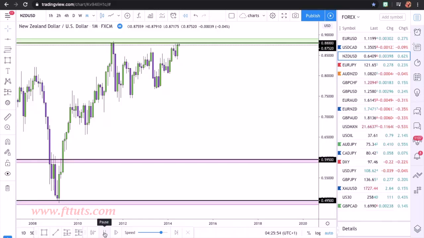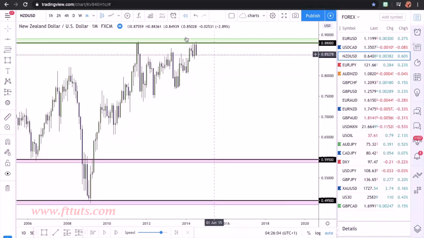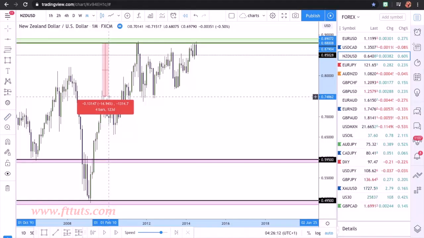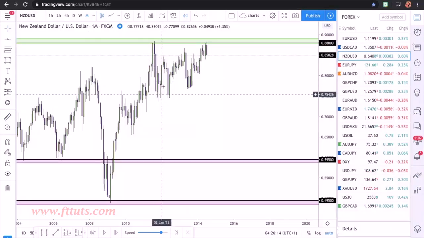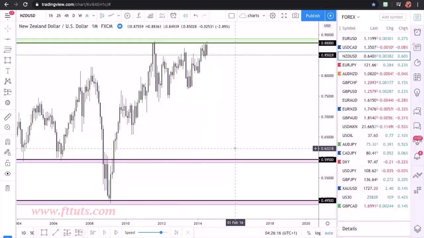Okay, so it's testing that price point. Wicks and starts going down right at that price. This is on the monthly, right? So obviously we want to drop down, but when it gets close to that 88, we can say, okay, that was a major level. It dropped like 1,300 pips. Usually when it drops like that and hits that level, it's going to drop even further.